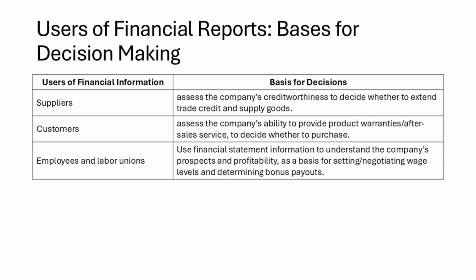And the customers: if you want to purchase their product or service, maybe you will refer to the company's financial information. These two types of users are more similar. The final group is employees and labor unions. When employees or unions want to negotiate or bargain their wage level, they need to measure their work result or performance.